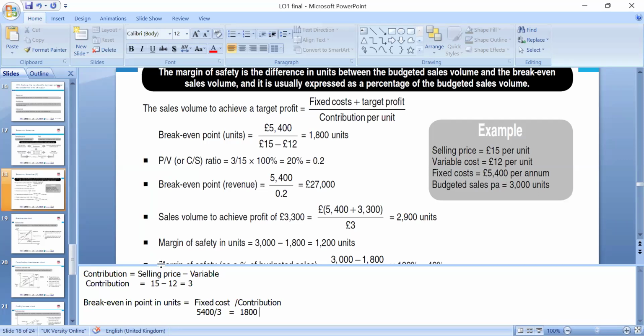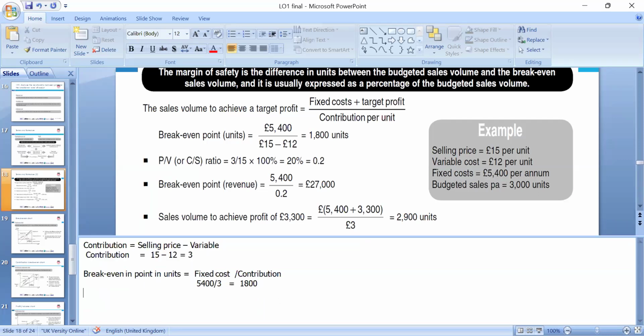Say you want to increase the selling price from 15 to 18, and your cost is 12 per unit.